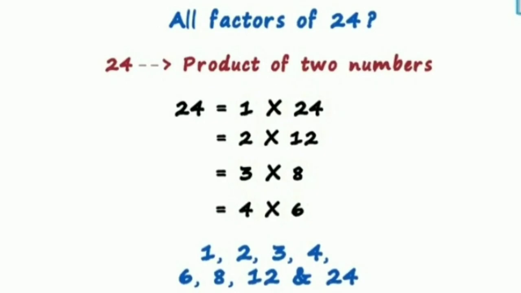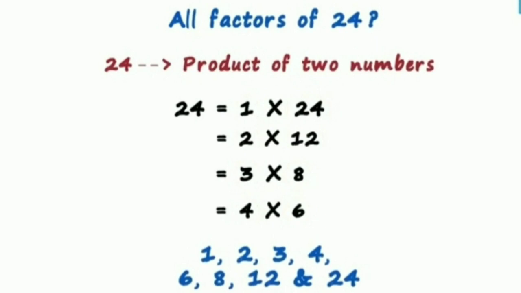Next, moving on to the table of 3, again 3 8s are 24. So the factors of 24 here are 3 and 8. Next, moving on to the table of 4, 4 6s are 24. So the next factors come out to be 4 and 6. Moving on to the table of 5, 5 doesn't have 24, so we just cross out 5.